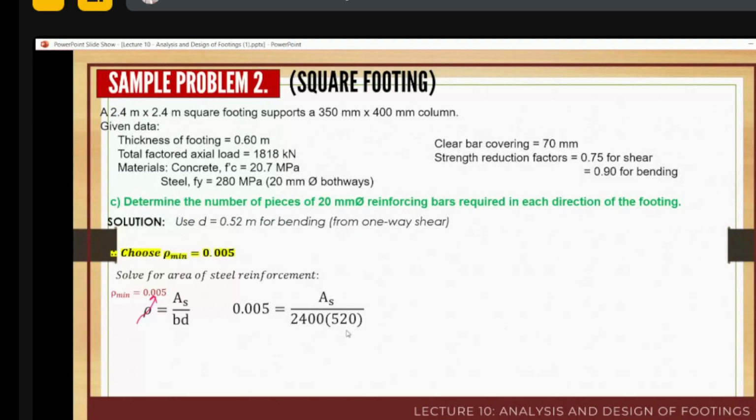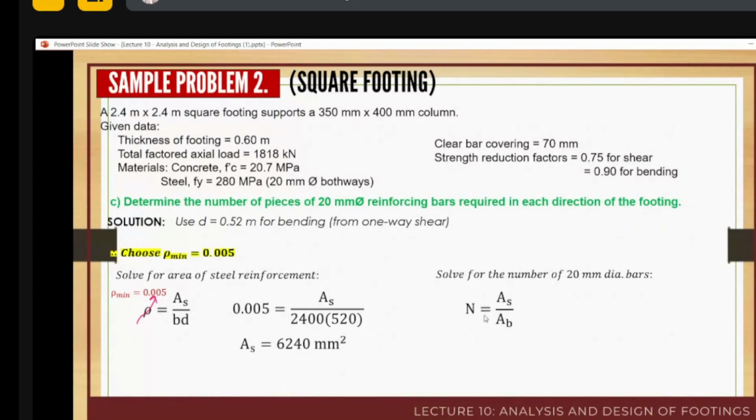Then the area of the steel bars will then be determined na, no? So 520 ato ang effective depth for bending. Of course, the effective depth that will be used is for the wide beam. So katong one-way shear, no? So ang gamiton nga effective depth para sa bending, no? Critical section for bending.